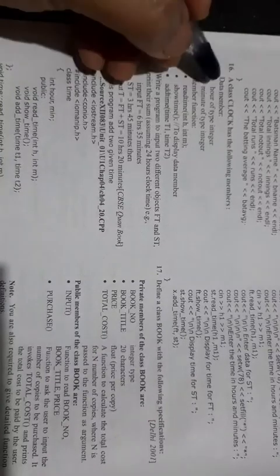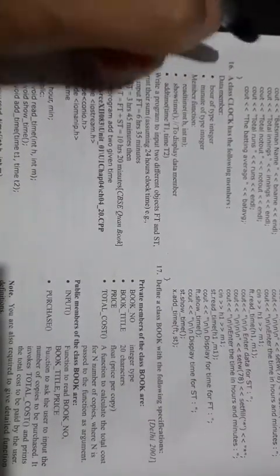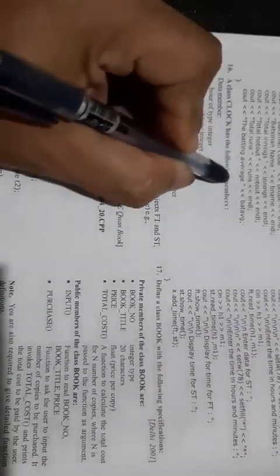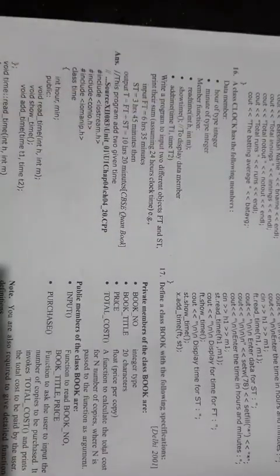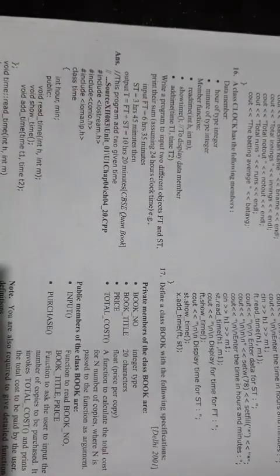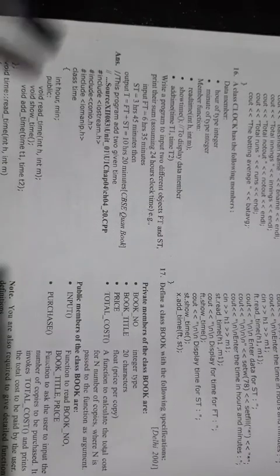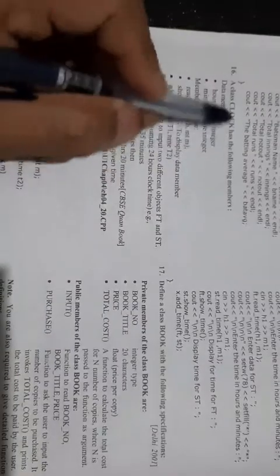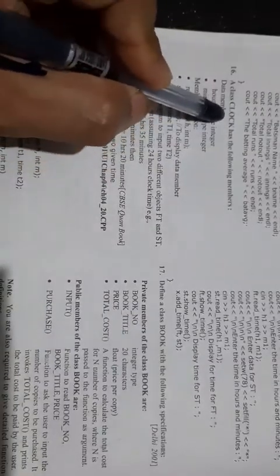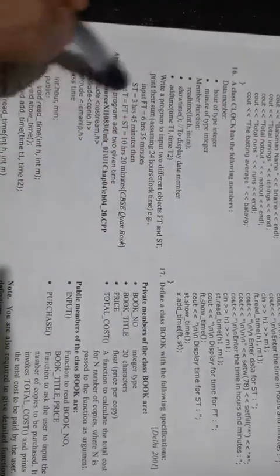So in the first part, okay, I'll explain part by part. In the first part, a class clock has the following members. Now keep in mind that there are some flaws in the textbook. Like in the previous one also we saw that e name, s name, the data members, the variable name is mismatched. Similarly here also, there is an error, but even if the error is there, as per that you have to write like that only.